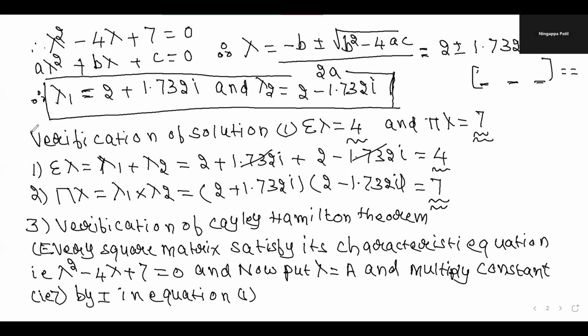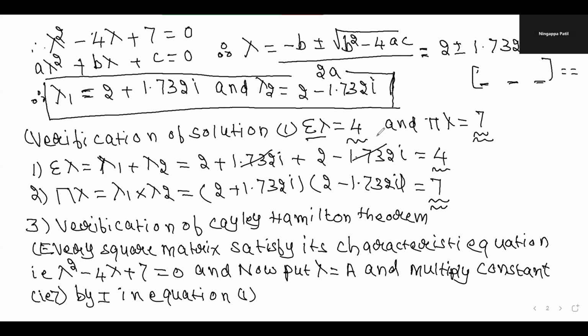In an examination, verification is not necessary, but in a regular class you can verify whether lambda 1 and lambda 2 are correct or not. Verification of solution says that the summation of lambda equals 4, not minus 4 or plus 4, this 4.